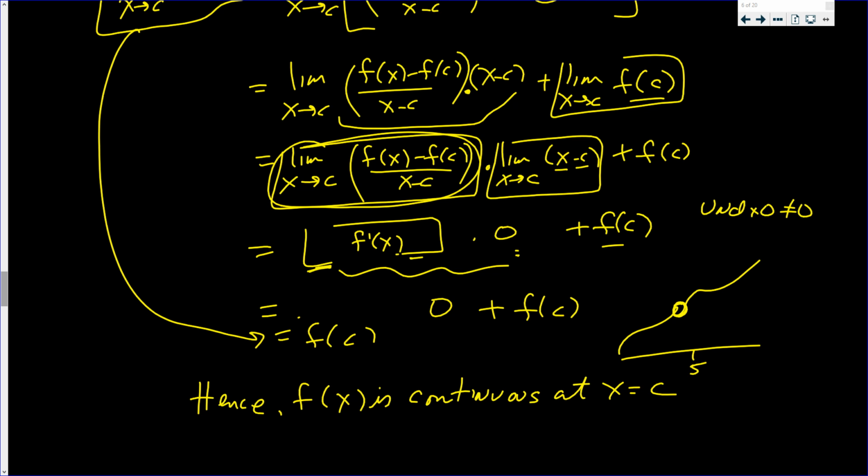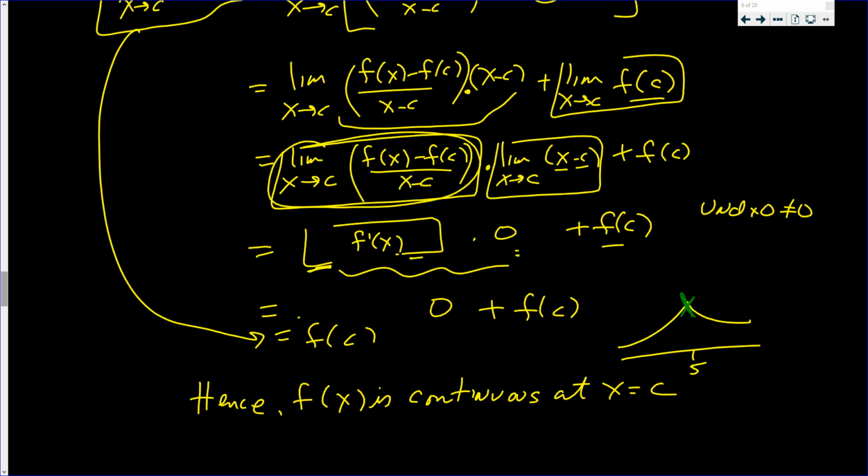If it was continuous at 5, is that enough for me to say it's differentiable? No, because it may go like this. The left-hand derivative is that. The right-hand derivative is that. Those two slopes are not equal. Hence, the limit, which is the derivative, doesn't exist.